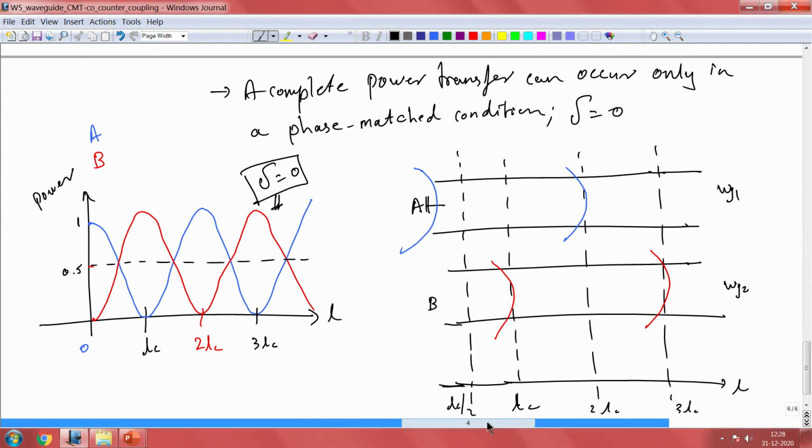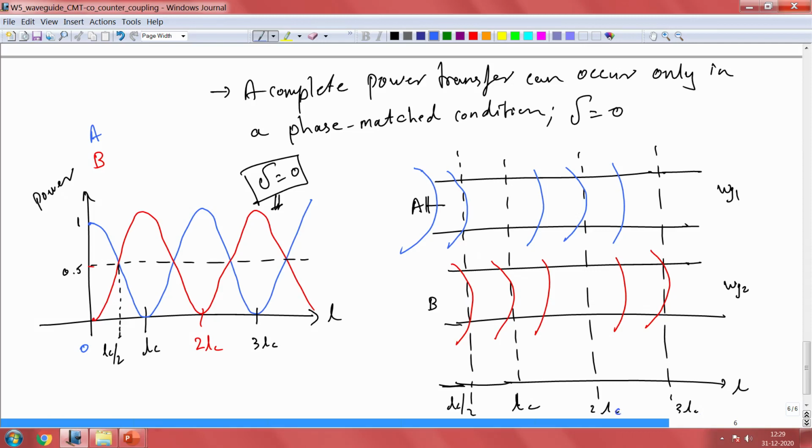If you take LC by 2, you can split the power between these two waveguides. As the wave propagates, you will have points where the light will be sitting on both the waveguides. That position is called the splitting position, where you have 50-50 power between these two, and when you reach LC or 3 LC, then the whole power is transferred.